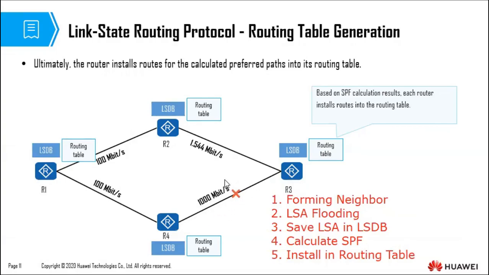So as he has correctly mentioned, each router will have to recalculate their shortest path tree. Are you getting the point? They'll have to recalculate their shortest path tree. All the routers, just because one link has gone down, they have to recalculate their shortest path tree and thereby find the new best or optimal path to each destination that is currently available. So that is correct, Luya.